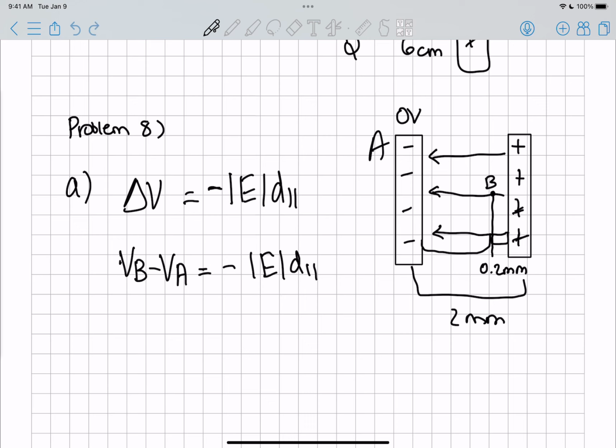And now you notice here that this doesn't have an absolute value around it. So we are actually concerned with the sign here. And the sign is dependent on the direction of the electric field.